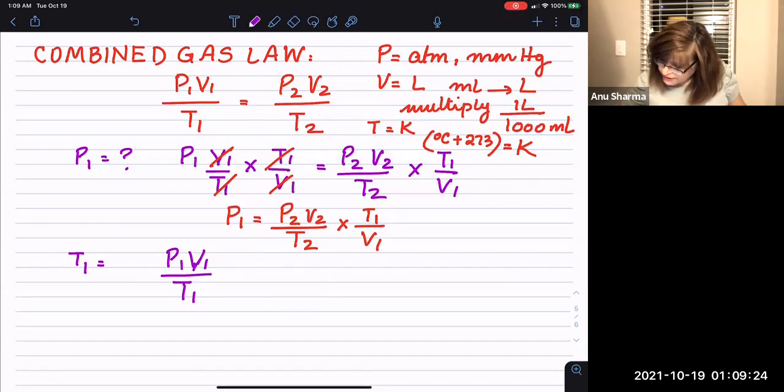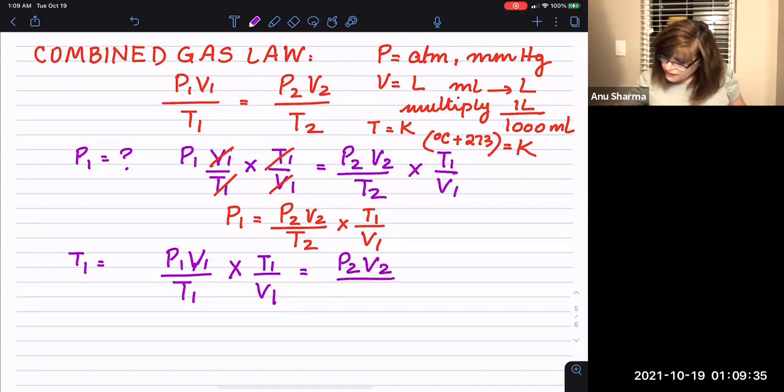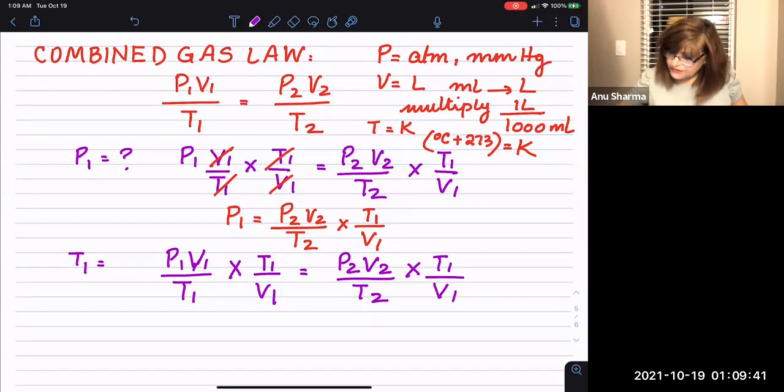So what you do here is multiply by T1 over V1 is equal to P2 V2 over T2 times T1 over V1. Okay, so we see here that it brought the T2, and V1 and T1 to the other side of the equation.